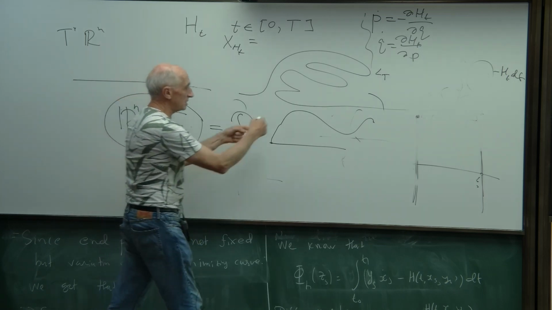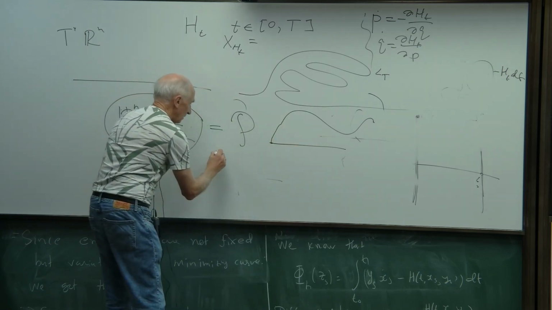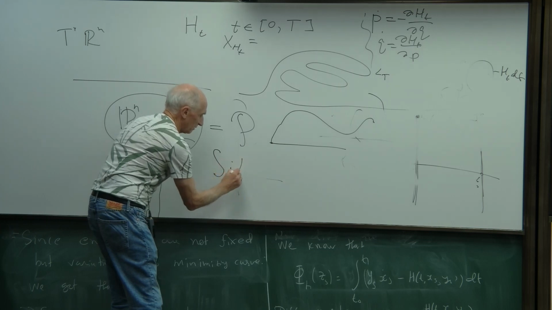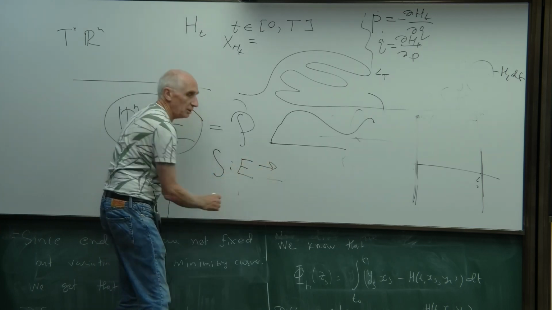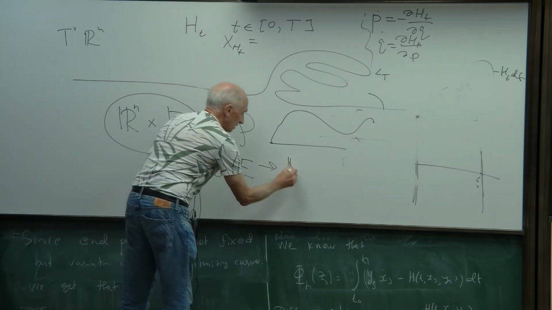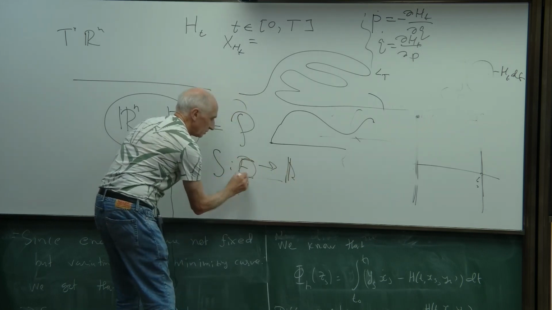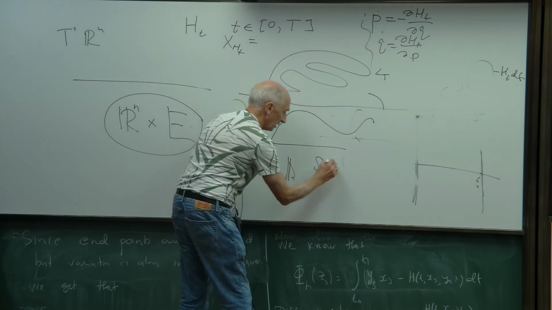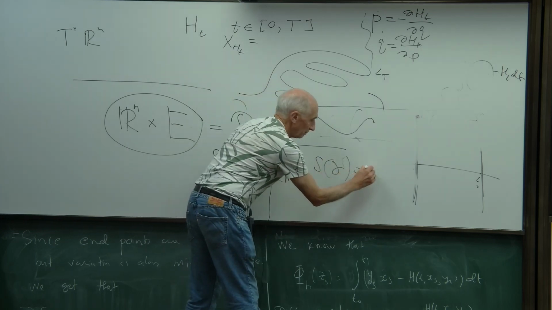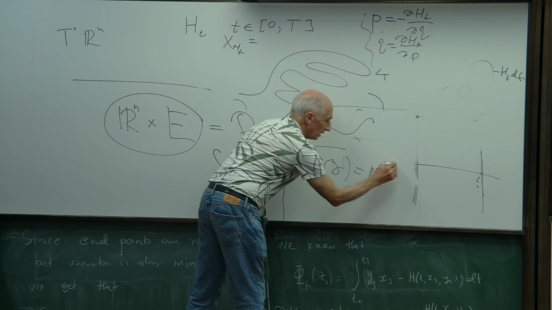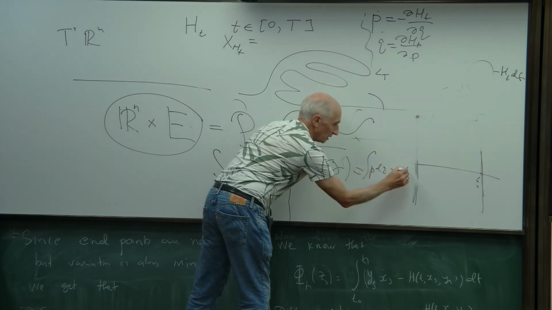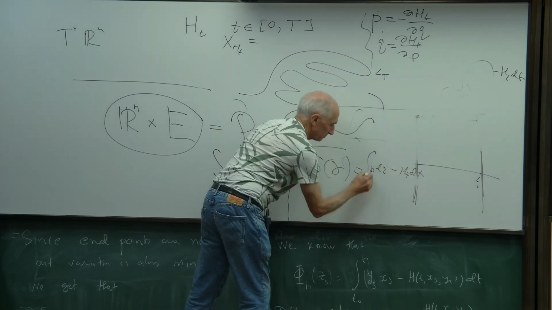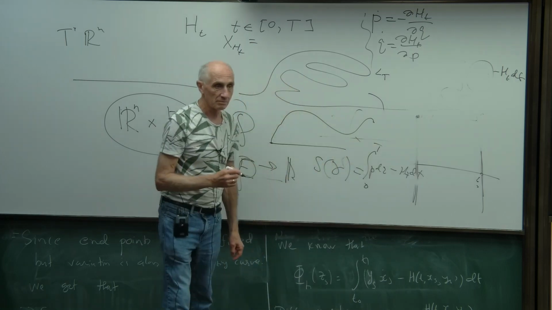And on the space of these paths, consider the action functional, P to R, which is the integral: S of gamma is equal to the integral of P dq minus the integral of H_t dt.